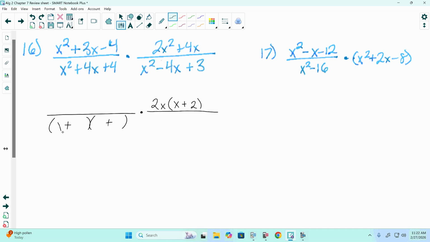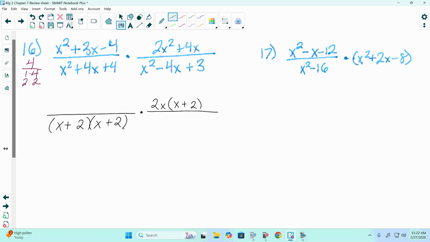Factors of x squared are x and x. Now, factors of 4: 1 and 4, or 2 and 2. Which one do we want to try first? 2 and 2, because if this does work, hey, I do have an x plus 2 on top and bottom.